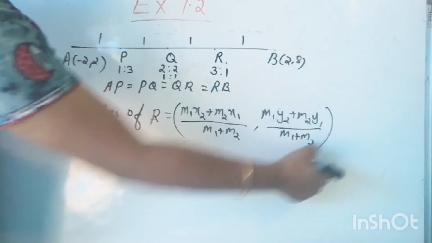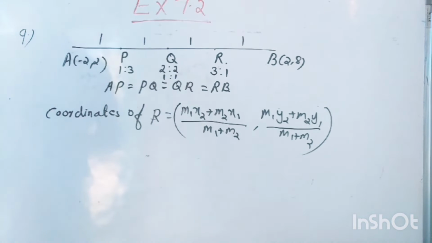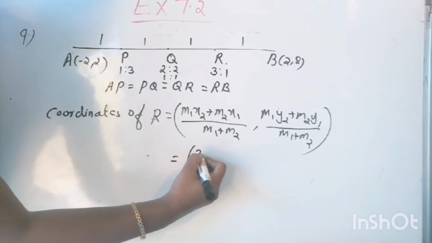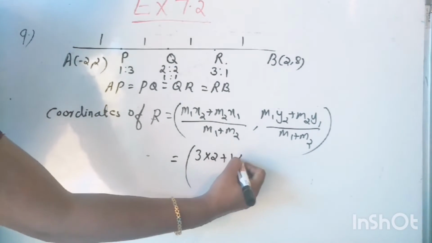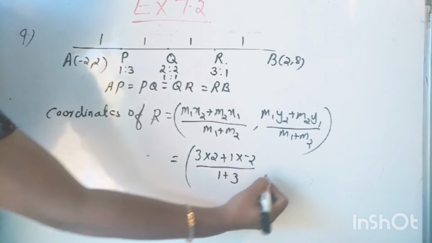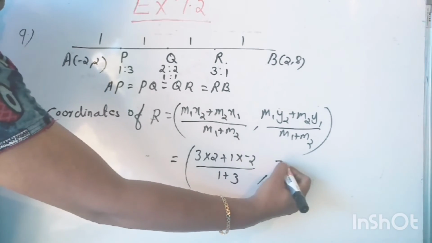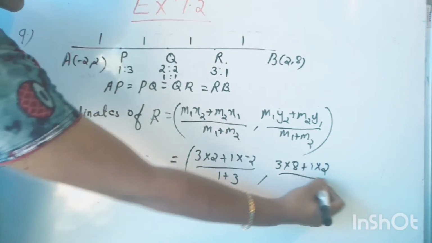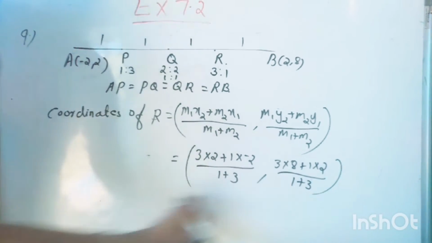Now instead of m1 is to m2, in the case of R we have 3:1. So this is equal to (3 into 2 plus 1 into -2) divided by (1 plus 3), comma (3 into 8 plus 1 into 2) divided by (1 plus 3).